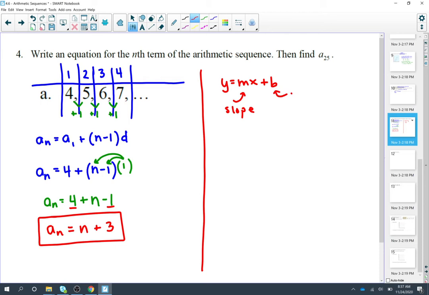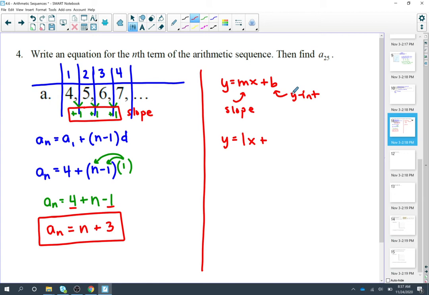Remember that b is your y-intercept. So y equals m, your slope. Your slope is right here. That's your common difference. So 1x plus b.